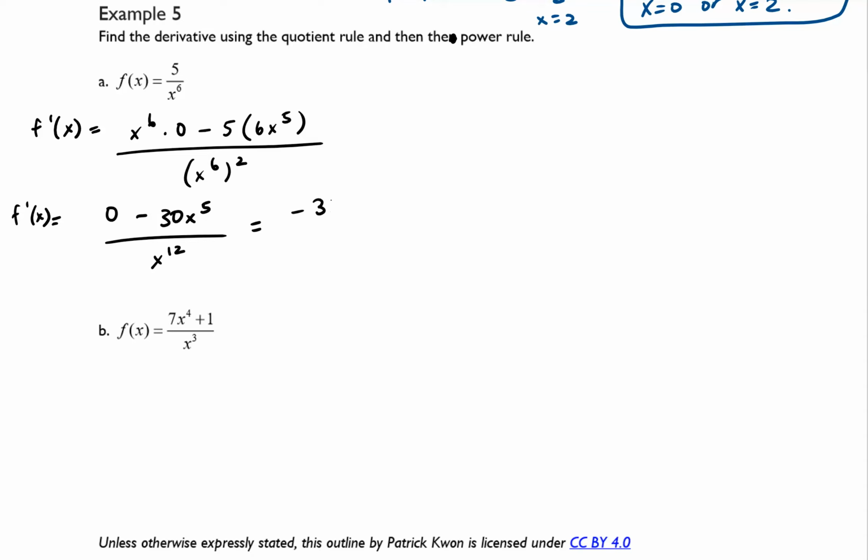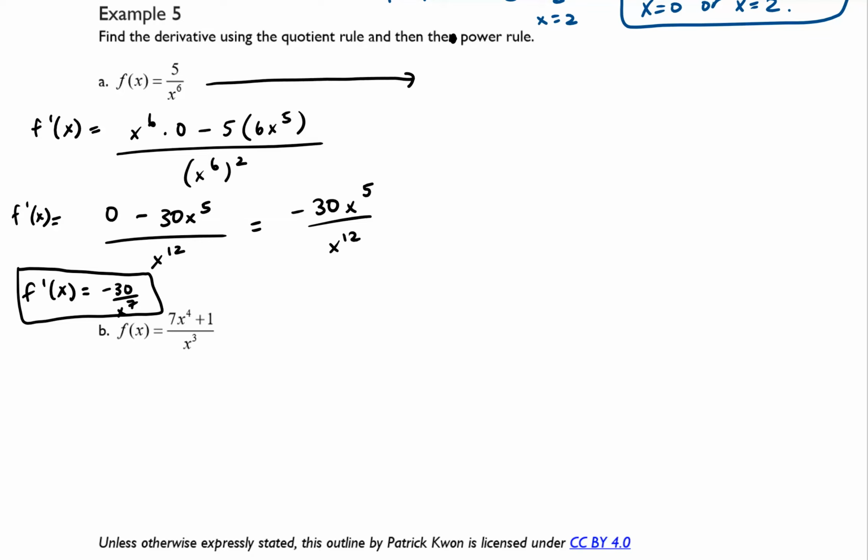And that equals negative 30x to the 5th over x to the 12th, which equals negative 30 over x to the 7th power. Now let's do it using the power rule.